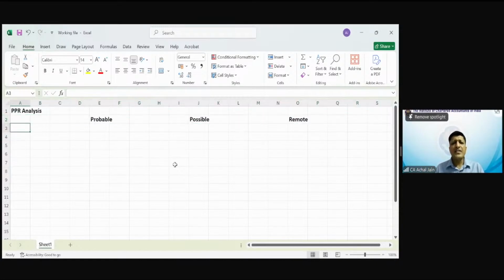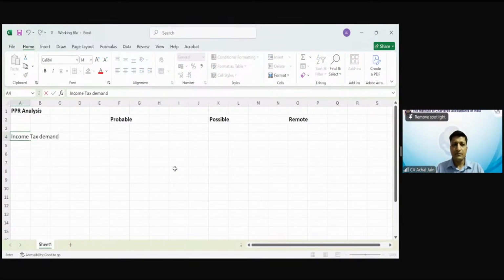So let me take one example. I think through the example, we'll get some more clarity on this. Let's suppose there's a company which has received a demand from income tax. So say there is an income tax demand of rupees 70 lakhs. Fine.